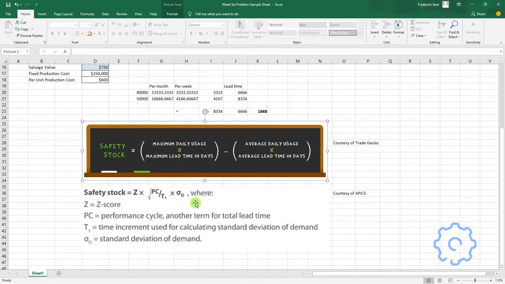But for products where you have a lot of different customers or markets and the demand may be fluctuating, go ahead and use this one. Get the Z-score, which is the service level, usually provided by management, and the standard deviation of demand, which is your demand variability.